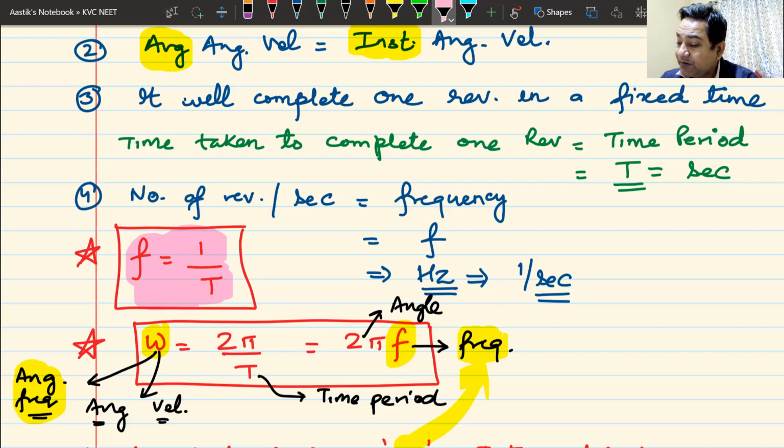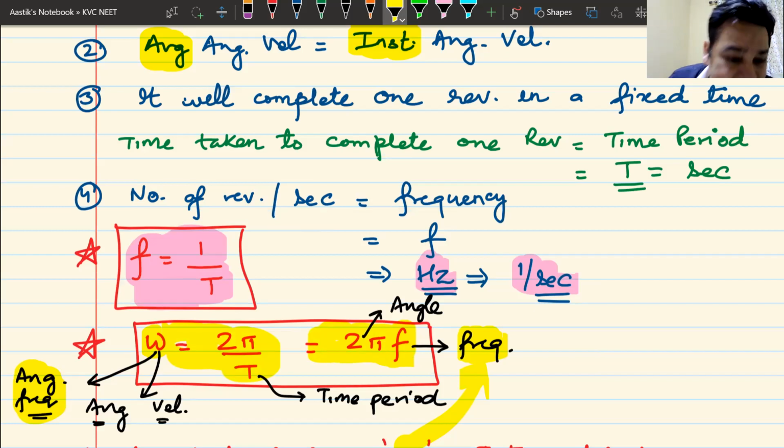The SI unit of frequency, as we had seen, is hertz, which is 1 by second. The dimension becomes 1 by T, or T raised to the power minus 1. Omega also becomes 2 pi by T, and that is equal to 2 pi f. Omega is 2 pi multiplied by frequency.